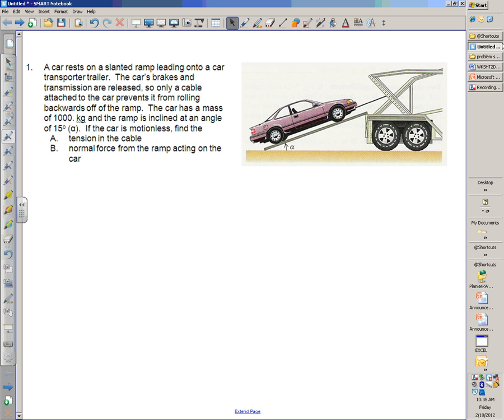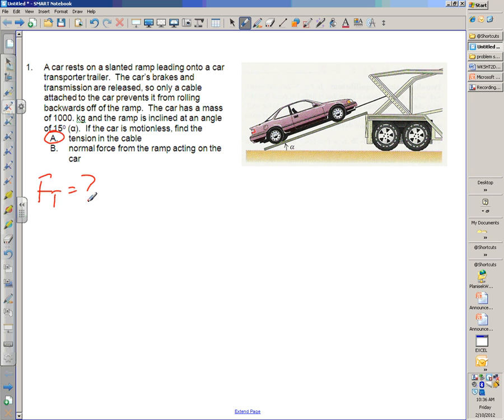It says the car has a mass of 1,000 kilograms, and the ramp is inclined at an angle of 15 degrees. If the car is motionless, find the tension in the cable and the normal force from the ramp acting on the car. So as we did in class, we have two unknowns in this problem. First is the tension in the cable that is acting on that car.